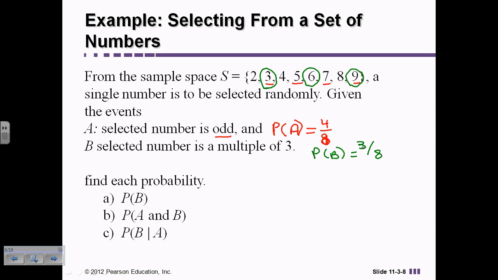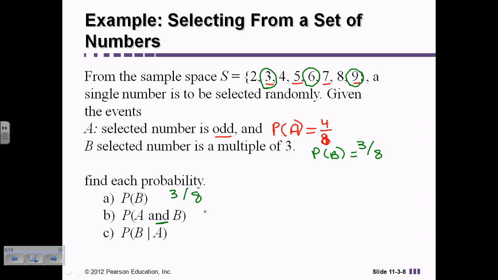Okay, so now we're going to look at these answers down here. So the probability of B we just talked about is 3 over 8. The probability of A and B: now what we have to look at is our list up here of what we have circled for A and B and see what they have in common. So the overlap, the intersection, of my 2 lists that I have underlined in red and circled in green, there are 2 overlaps there.